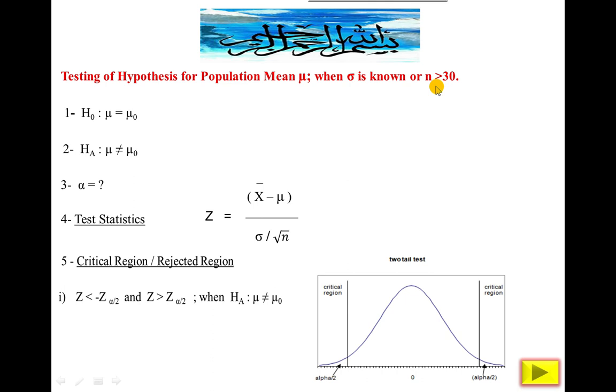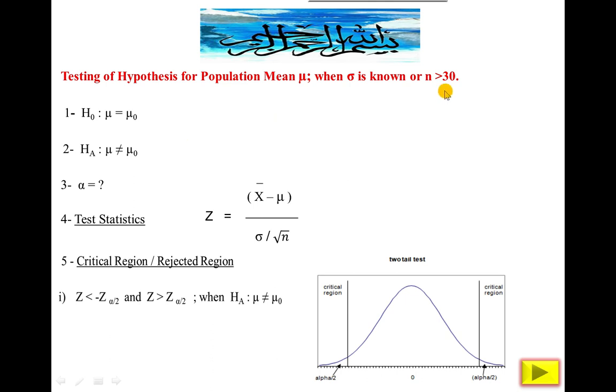What is the difference between this and the previous method? In the previous method we used the t-test, in this we will use the z-test. All these steps are the same, the method is the same, but we will use a different formula.